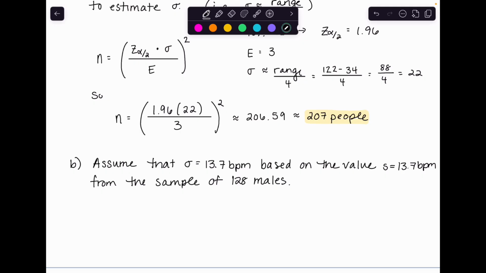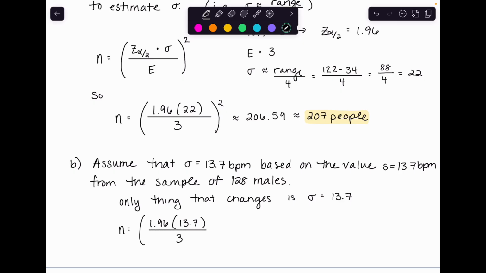The only thing that changes is our value of sigma is now 13.7 instead of 22. So this was found just using the sample standard deviation. So our value of n is still the same thing, but now times 13.7 in the top. But all of the other information is the same.